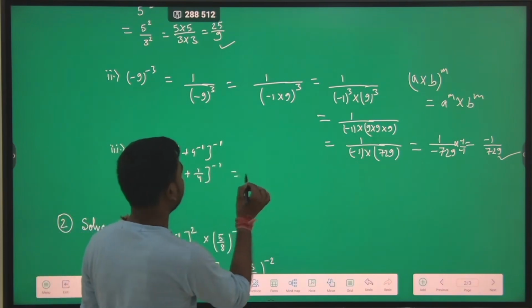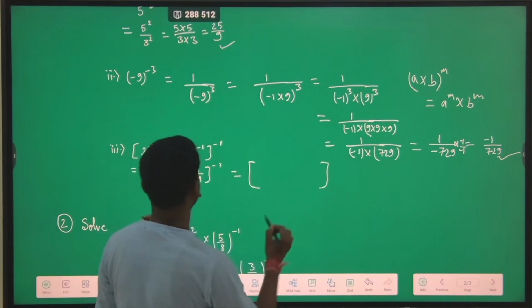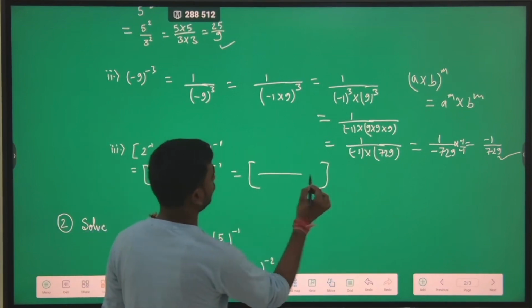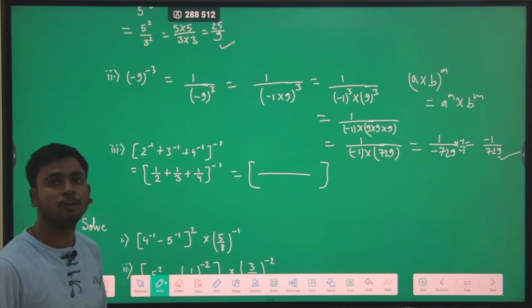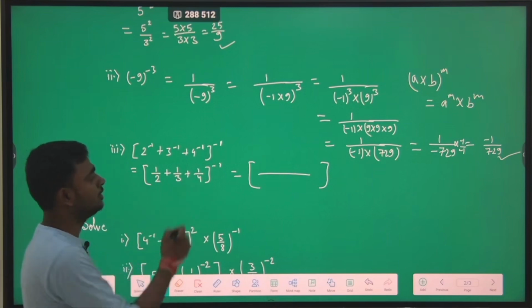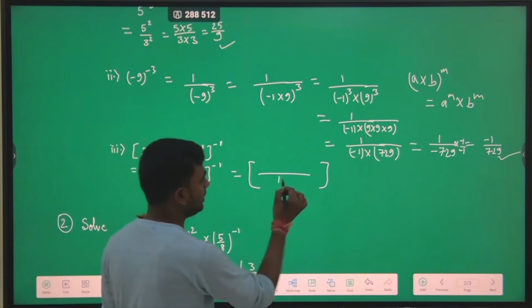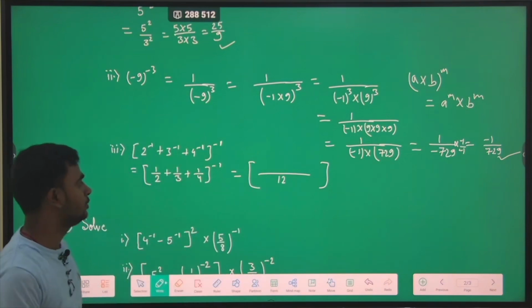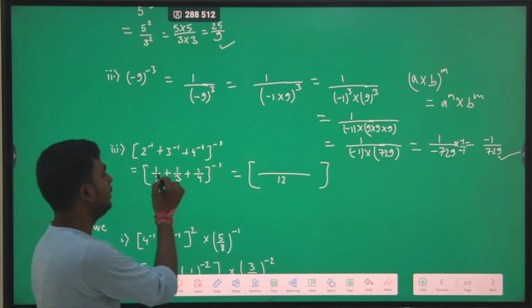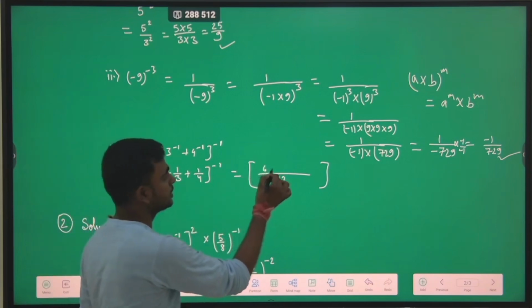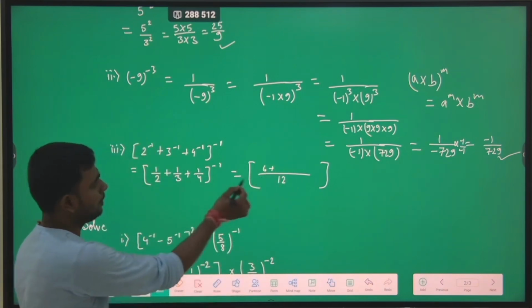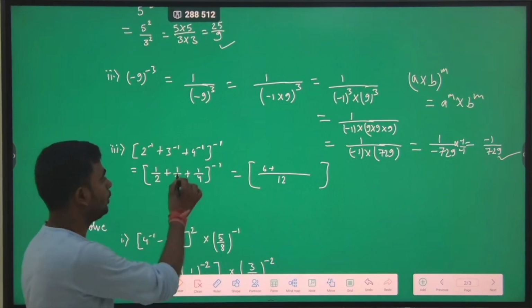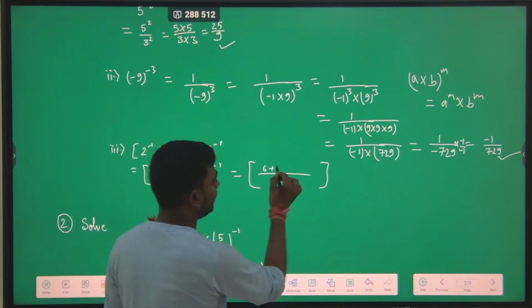Okay, on solving this through LCM, what we will get? LCM of 2 and 4 will be 4, and LCM of 4 and 3 will be 12. So overall the LCM will be 12. Okay. So 2 multiplied with 6 will give 12. So 1 multiplied with 6 will give 6, plus 3 multiplied with 4 will give 12, so 1 will be multiplied with 4, so we will get 4.